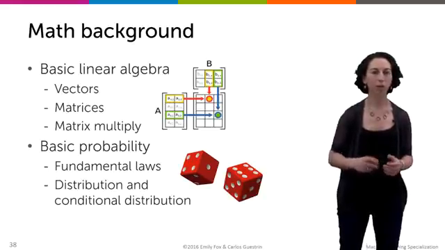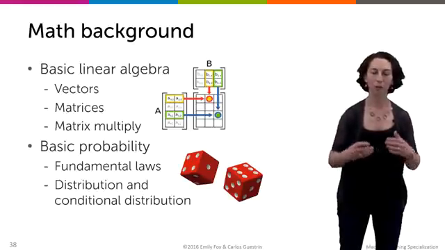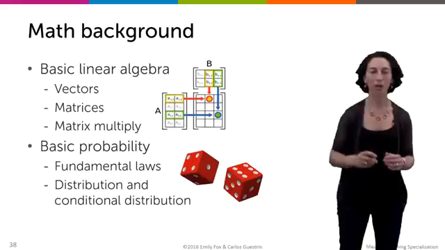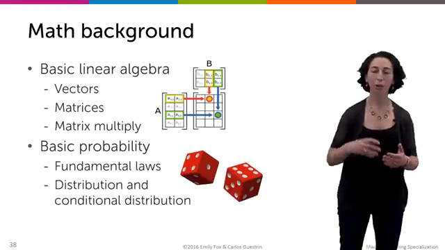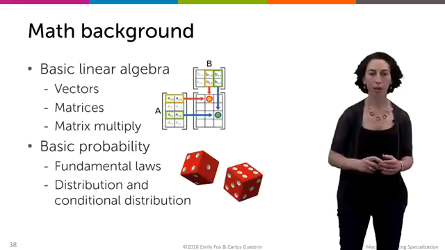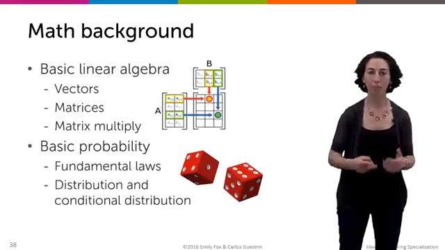So we're going to assume that you know fundamental laws of probability, like probabilities sum to 1, or they're bounded between 0 and 1. We're going to assume that you know what is a distribution and how do you think about a conditional distribution. And we're going to walk through these concepts and teach them to you at the level that you need to know them for this course, but it's definitely going to be helpful if you have some of that background coming in.